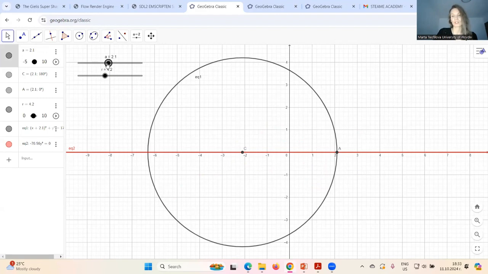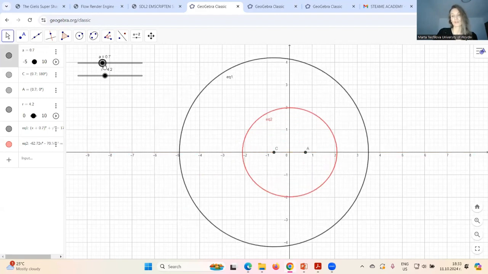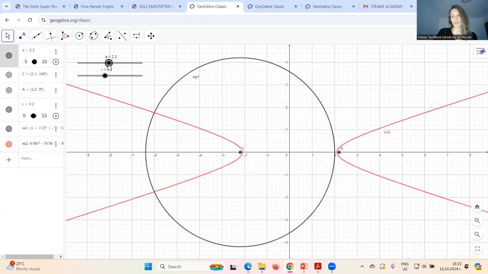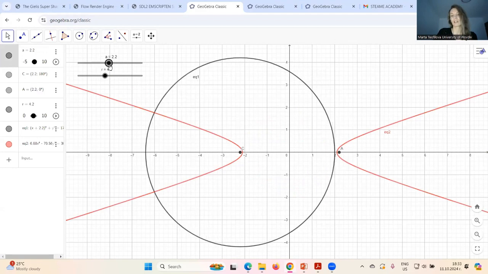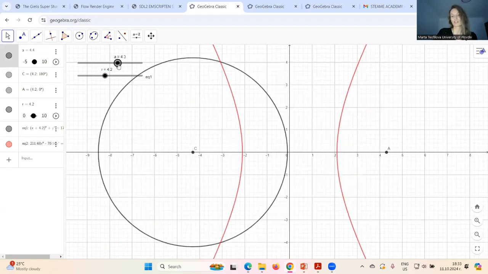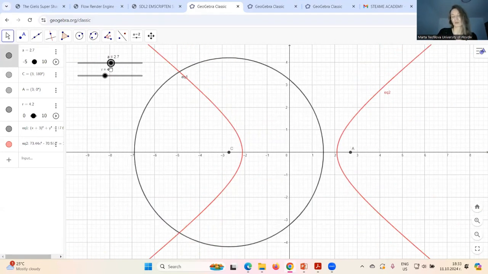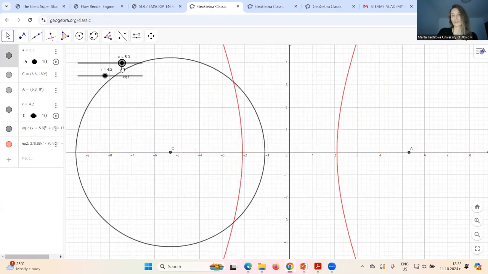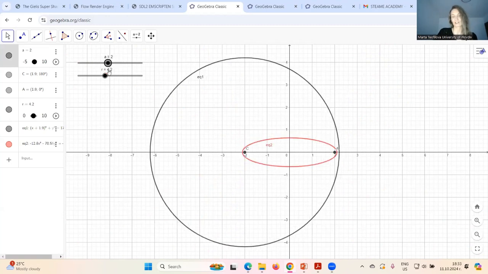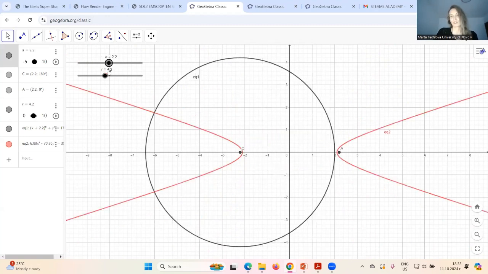When the point is inside the circle, you obtain an ellipse. When the given point A is on the circle, you obtain a straight line. And when the given point is outside the circle, we obtain a hyperbola. So these two conic sections are solutions of the problem. And everyone knows that a hyperbola and an ellipse are the two sides of one coin.